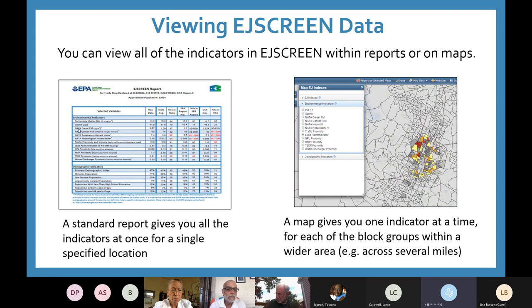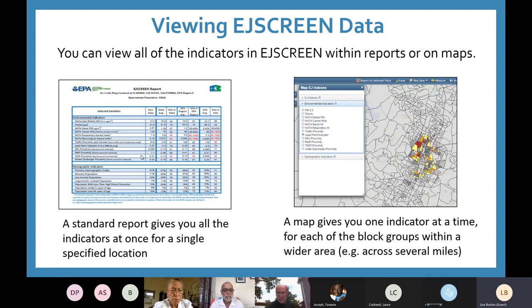So here in this one, it's the PM2.5 information, and then up at the top is the ledger on how it's compared to the state, the region, and the US, and then this is the national percentile. So a standard report gives you all the indicators at once for a single specific location. I'm not sure if that answers your question.